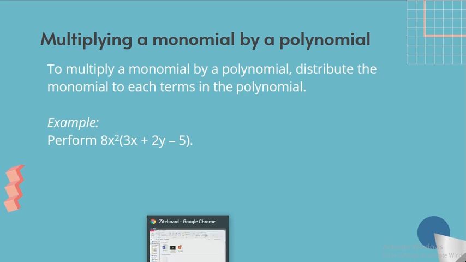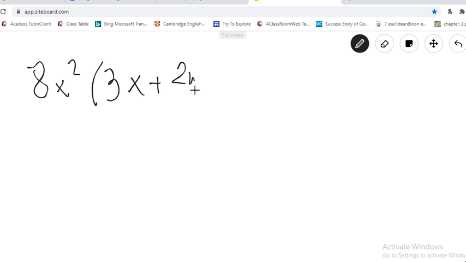Okay, so this is our board. Again, our given is, let me write this one. 8x squared multiplied to 3x plus 2y minus 5.